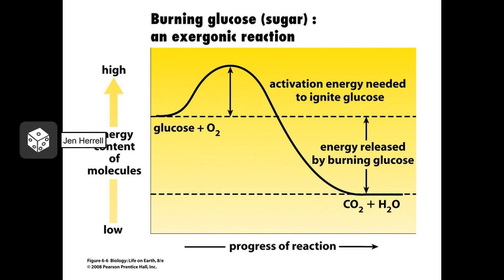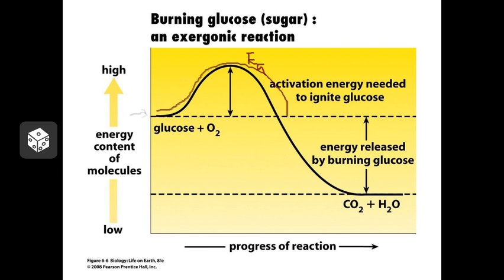This line graph represents the progression of an exergonic reaction. So here again, we're going to start with glucose. Now, glucose has a certain amount of energy, so it's sort of high on this y-axis. Notice that as the reaction begins, there's a bump. This bump is the energy of activation.